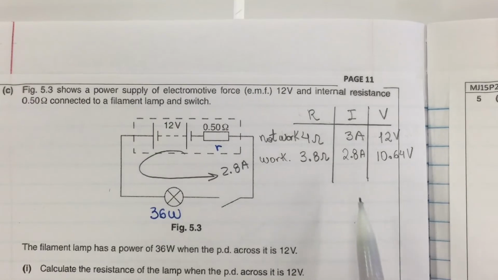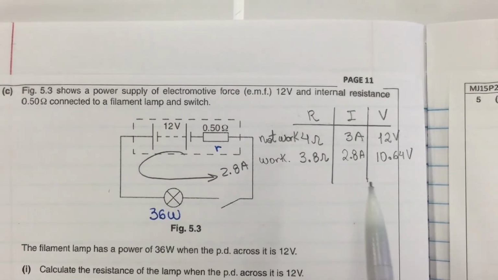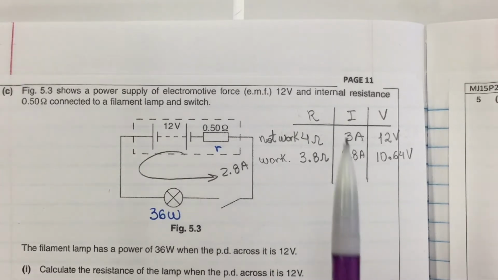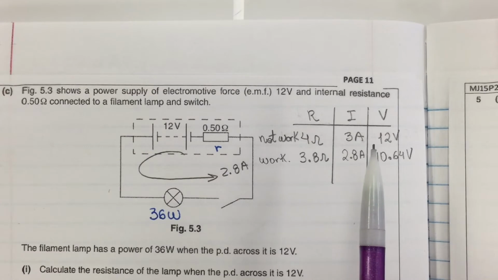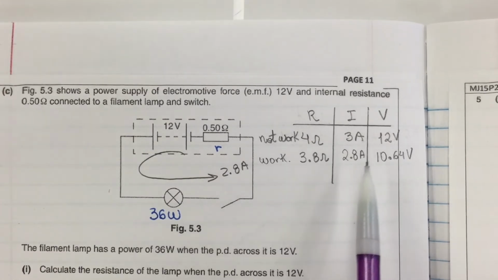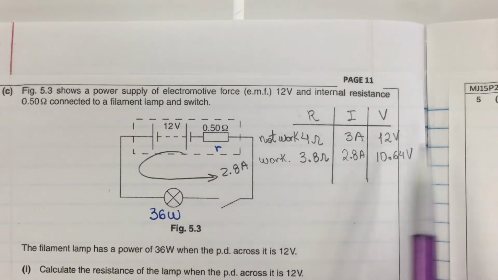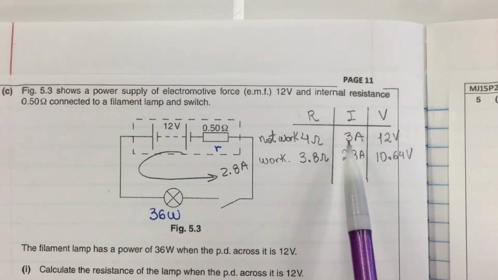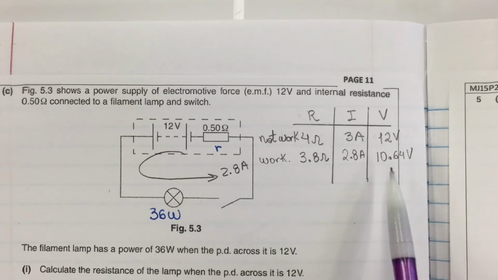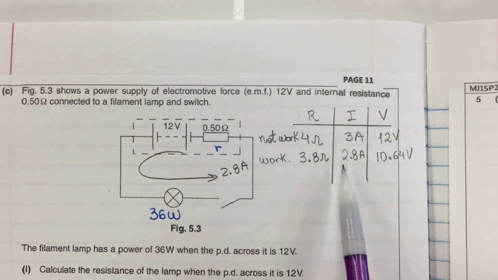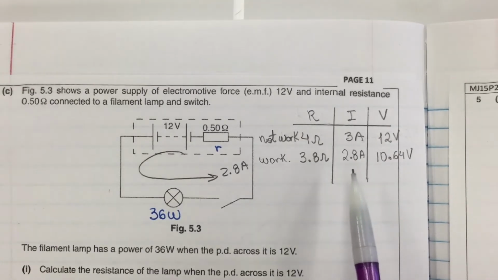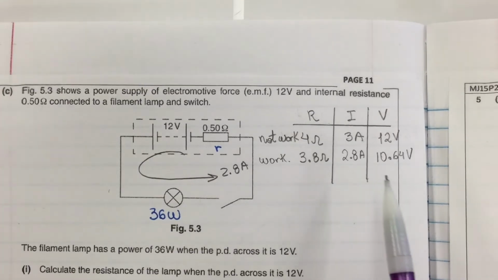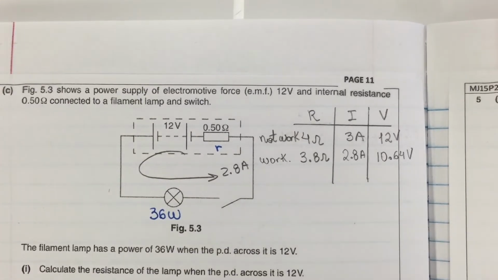So I can use these values here to justify how I obtain that straight line, because current and voltage are directly proportional. Look at this. For a voltage of 12, my current is 3. The voltage dropped and the current also dropped. So there is a proportionality here which can justify that graph.